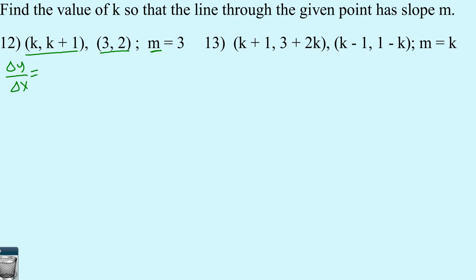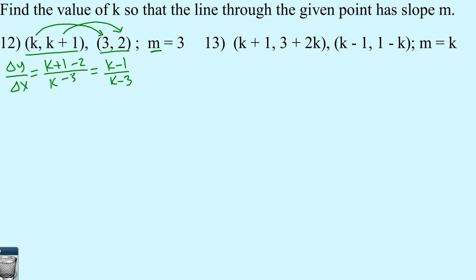Hopefully you answered yes. So we're going to take this y value, k plus 1, and subtract that y. Then we're going to take the x value here, so k, and subtract that value. So now the slope is k minus 1 over k minus 3.